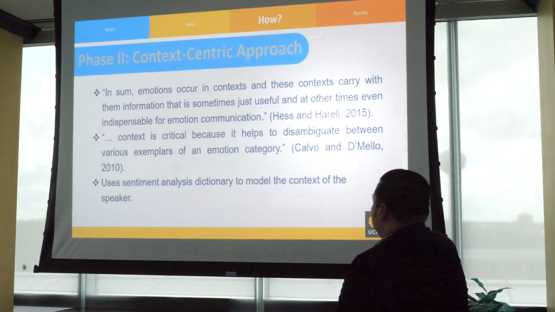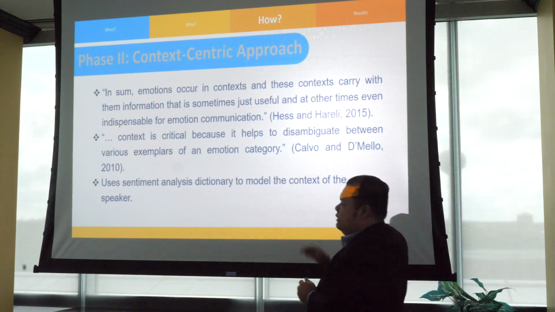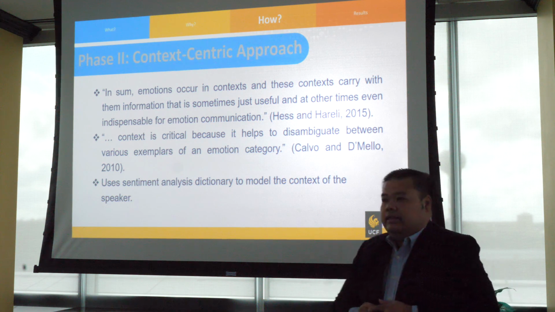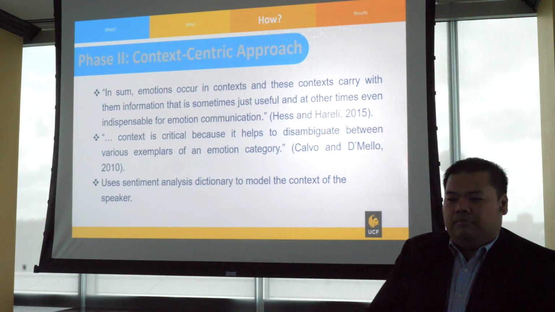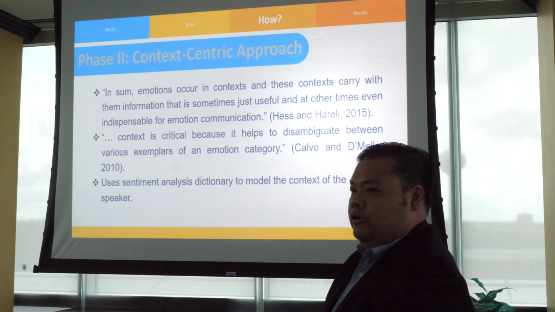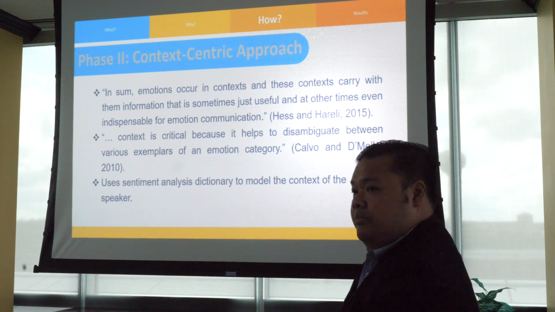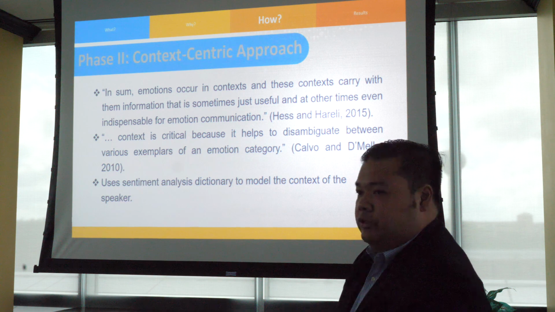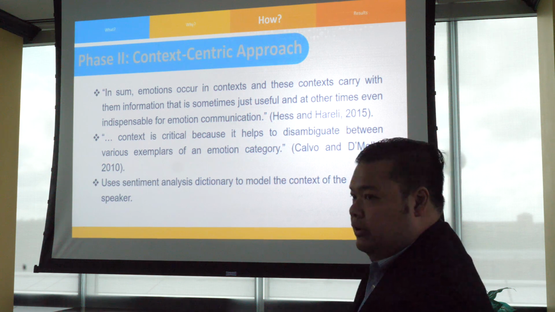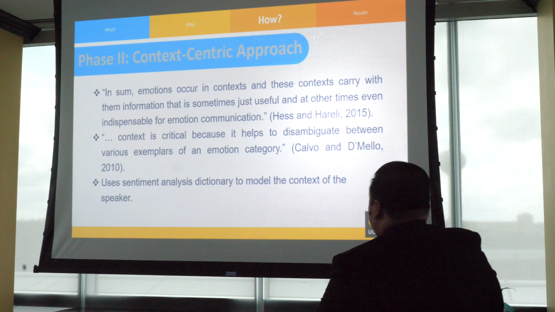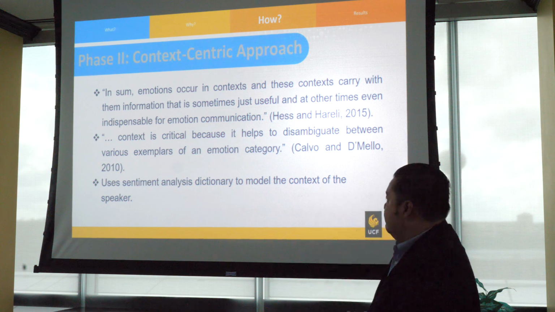So Calvo and D'Mello, in their research survey, give the idea that in human interactions, in non-face-to-face scenarios, it's going to be really hard for us to recognize their emotions without knowing the context of conversations. Basically, that's a direct quote from their paper.